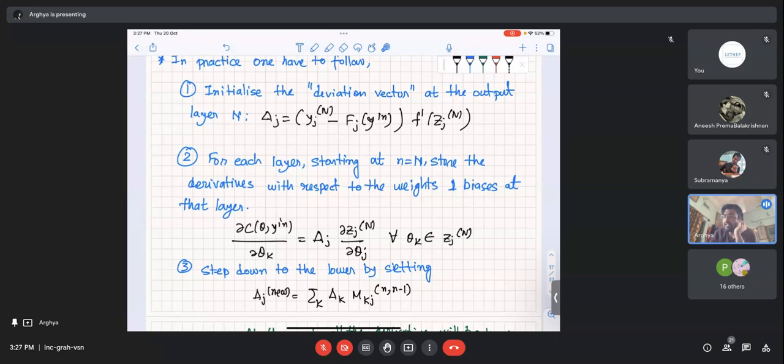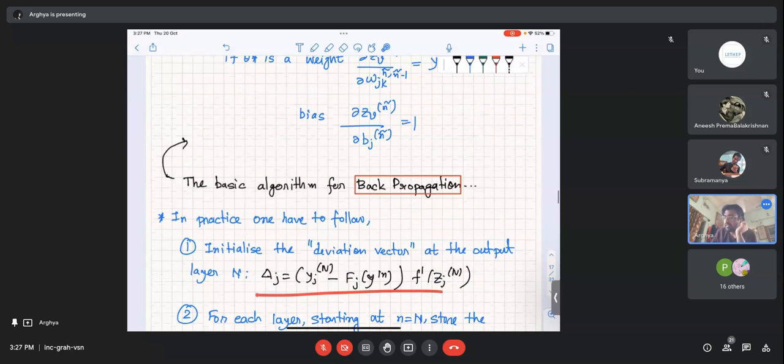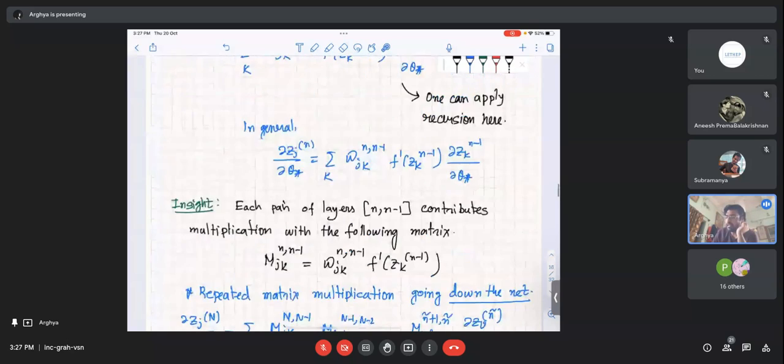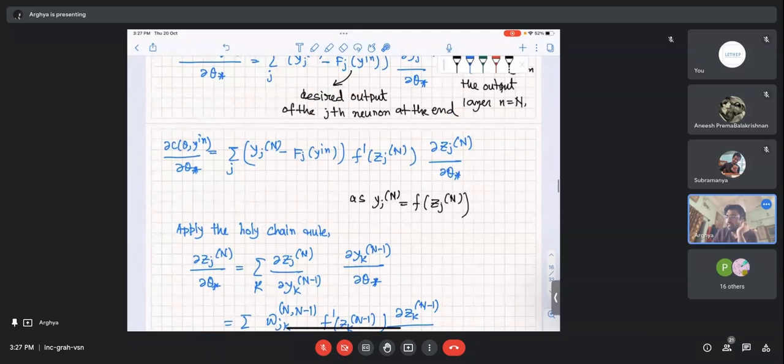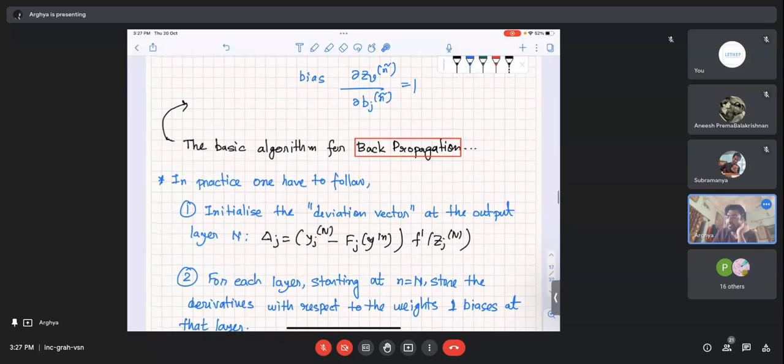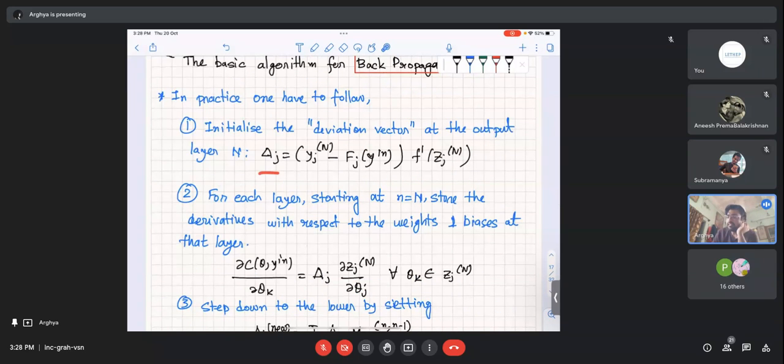So initialize some deviation vectors, which we just call a deviation vector, which is just this part. This is the full thing, whatever you got here, minus this derivative. So this is the matrix kind of thing. This is defined as the deviation vector, and you calculate that in the very outside layer, the last layer.